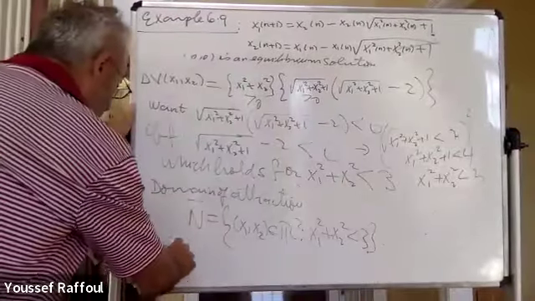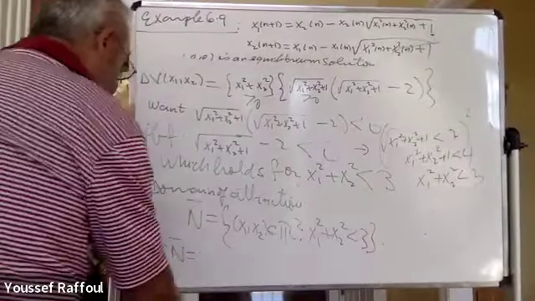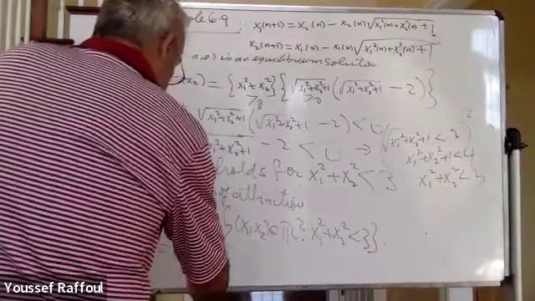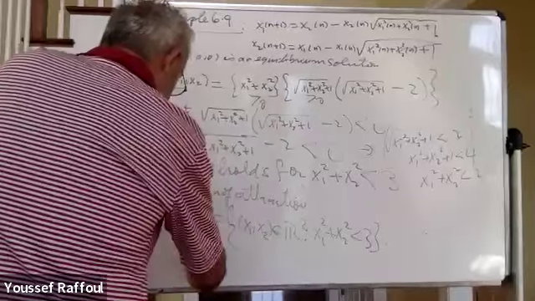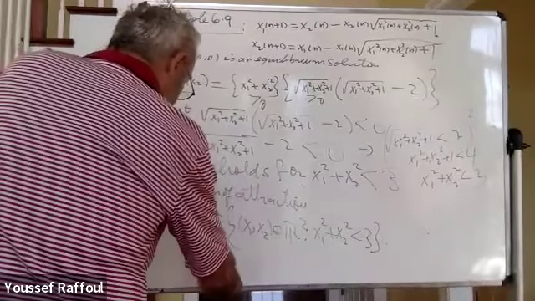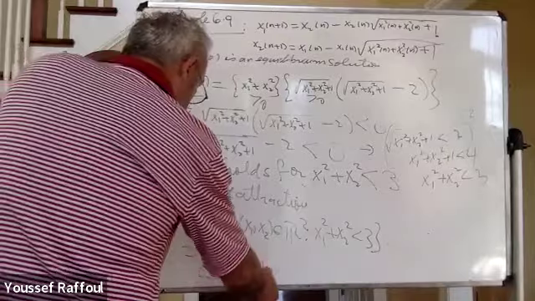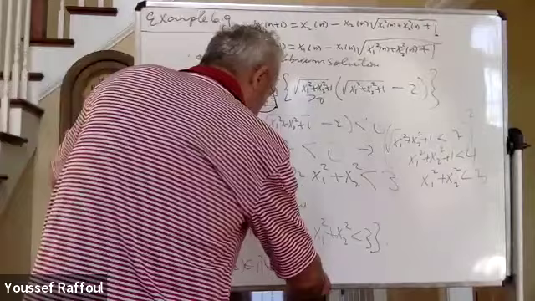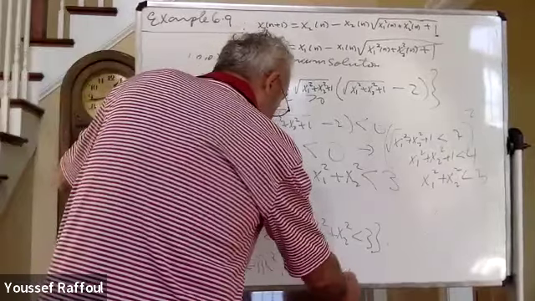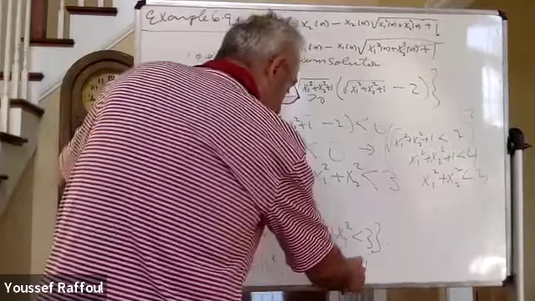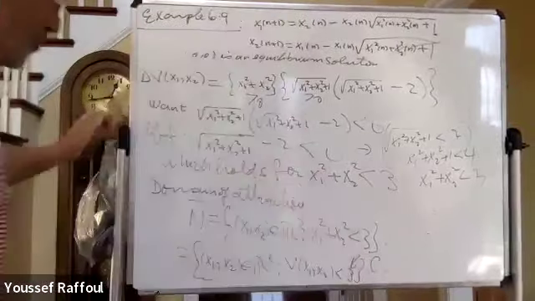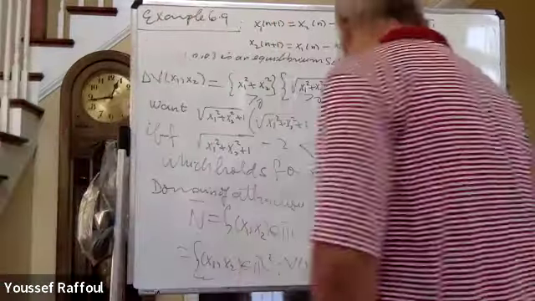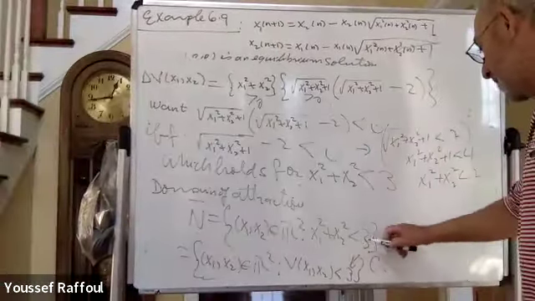Or this is the same as (x1, x2) belonging to R2 such that V of (x1, x2) less than 3. So that here is your C. So this is the domain of attraction.